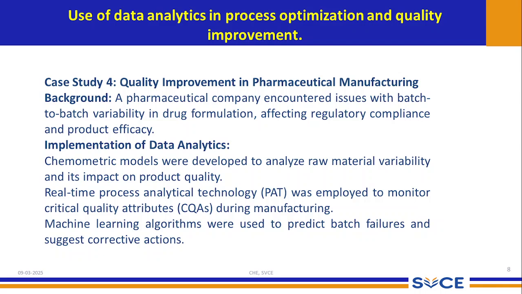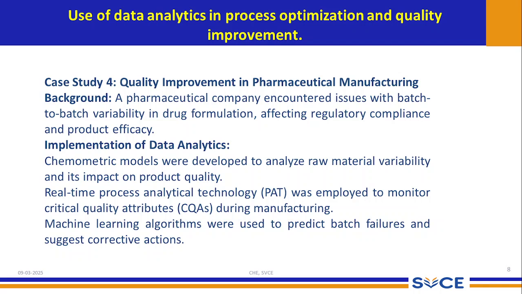So if the characteristics of the raw material itself vary, obviously the output will vary. The process remains the same, but it will not give a consistent output because of the variation in the raw material. So chemometric models are developed to analyze the raw material variability and its impact on product quality.